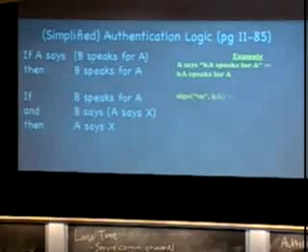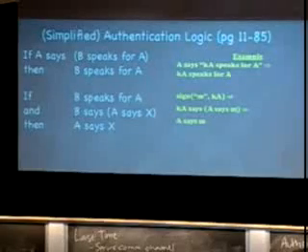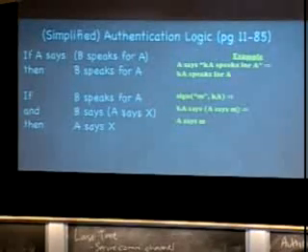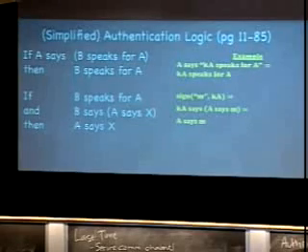A simple example of this: suppose we get a message that's been signed by this key KA. If we see that, then we have a rule that says we might believe that KA actually says this thing.